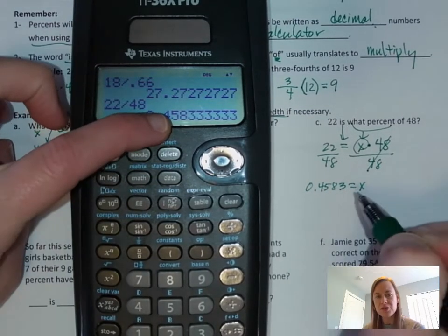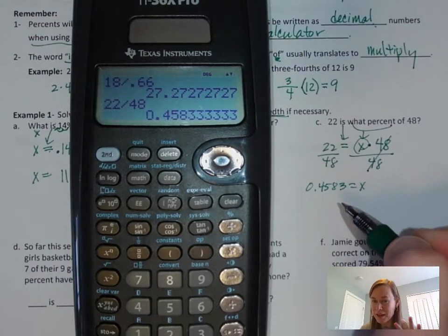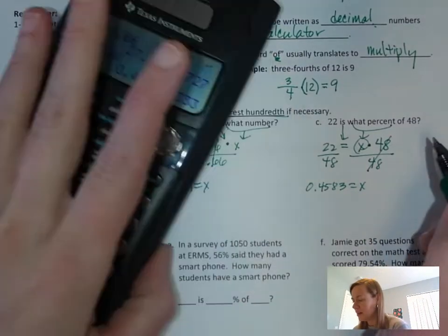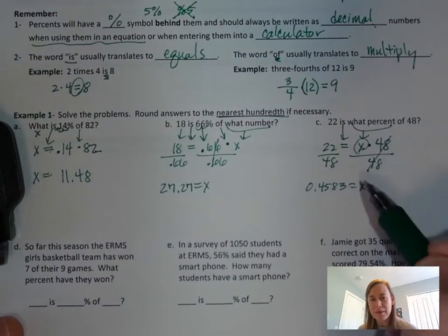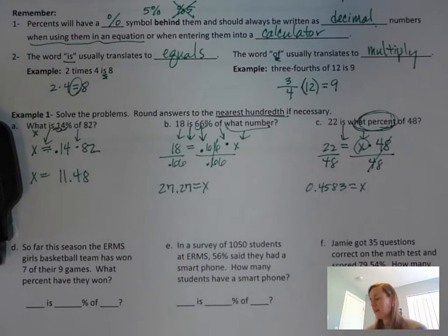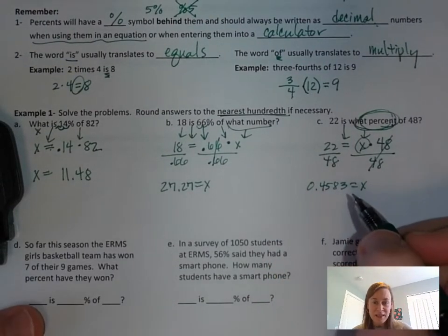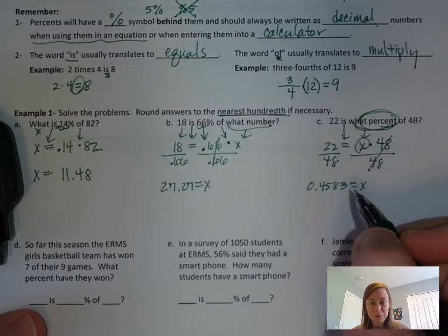0.4583. Now don't round to your nearest hundredth just yet, and I'll tell you why. It's because it's a percent. Let me show you what I mean. So this problem actually has an extra step, and that's because we're solving for what percent. So once you find this number, that is a decimal. That is not a percent, and we need to convert it to a percent.